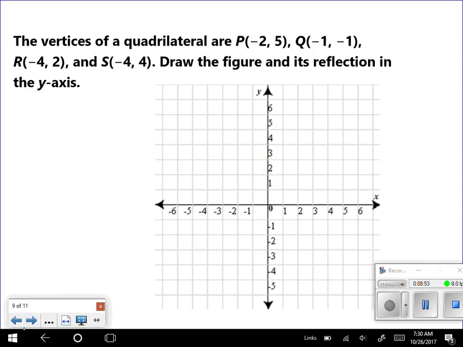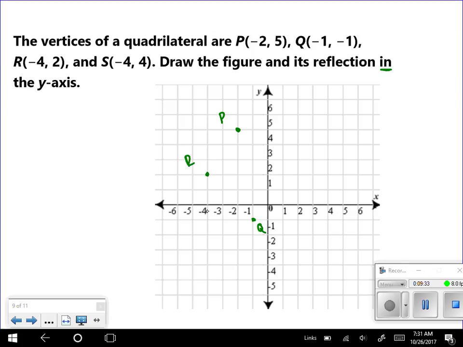Good. Let's try another one together. So the vertices of the quadrilateral are P -2, 5, Q is -1, -1, R is -4, 2, and S is -4, 4. It says draw the figure and its reflection in the y-axis, is the way they put it. So this time we're going with the y-axis. So -2, 5 goes here. -1, -1 is down here. -4, 2 is here.